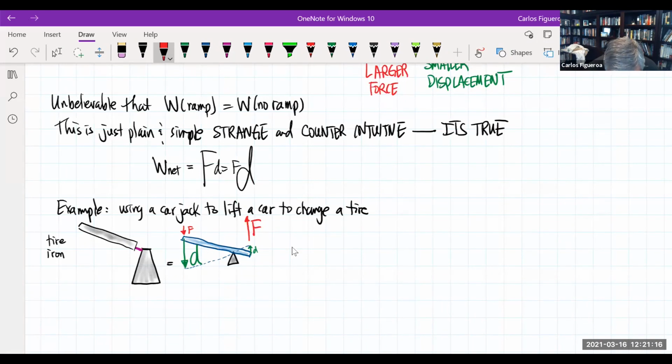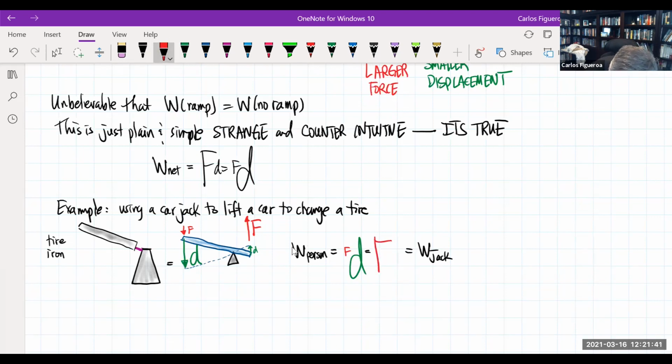So the only reason you can lift your car is this, that the work of the person is then equal to a small force over a larger distance. Then when you look at the work of the jack, it turns out that they're identical. So what does the jack do?